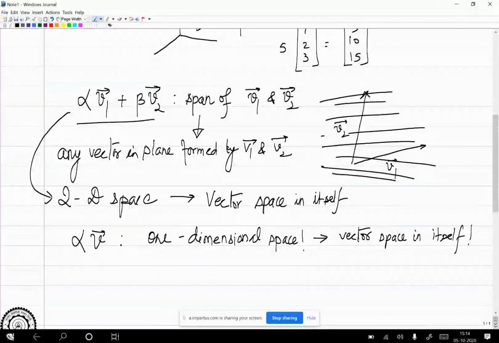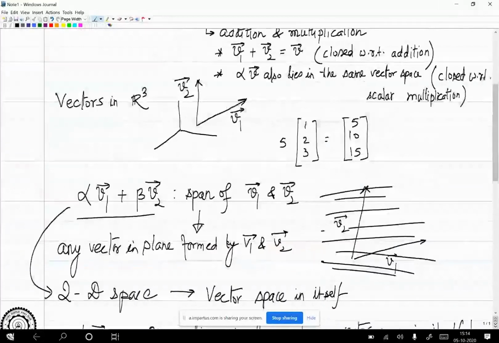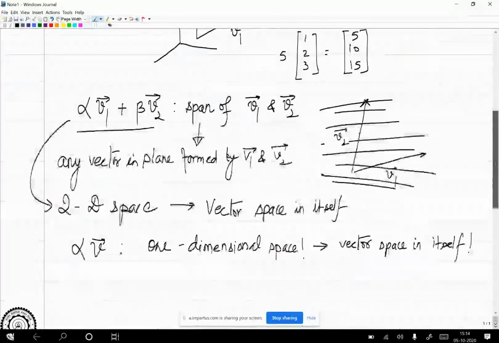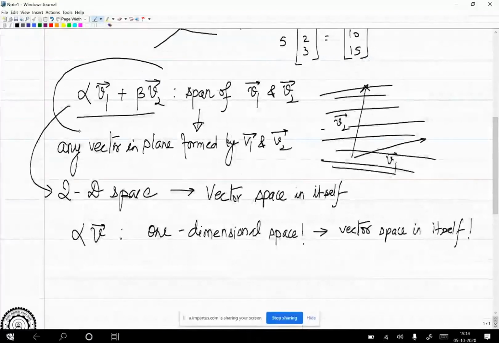Can you see why that is so? What is the property of a vector space? It is just that it has to be closed with respect to addition and scalar multiplication. That is the only property that a vector space should have. Now, if you think of this span, for example, you get a plane. You take any two vectors from that plane, you add them, the resultant will still be in the same plane.